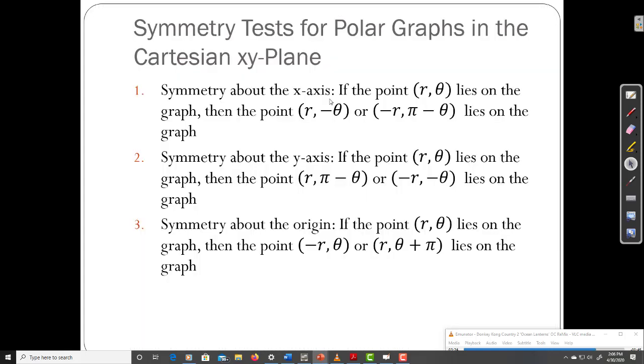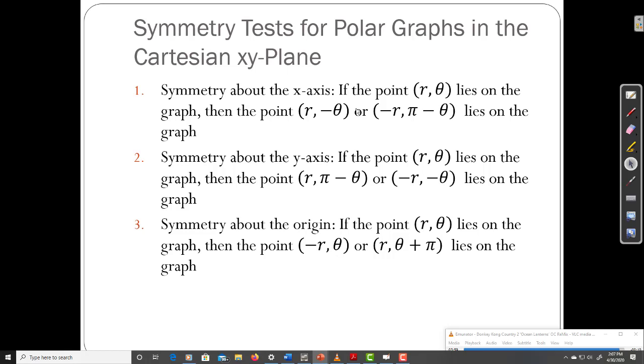So, some different things to consider when you're graphing. Symmetry is very helpful. If you want to test the different types of symmetry, you have symmetry about the x-axis if having a point (r, theta) implies the point (r, negative theta) is also there. So, if replacing theta with negative theta has no net effect, it's symmetric about the x-axis.